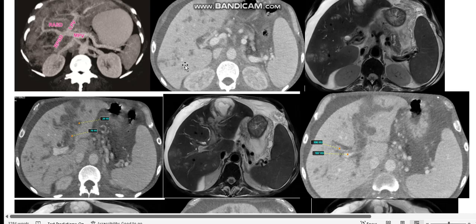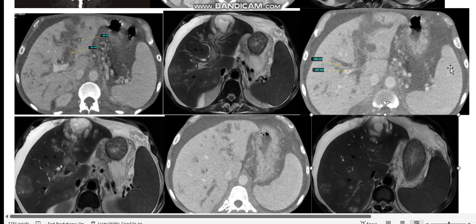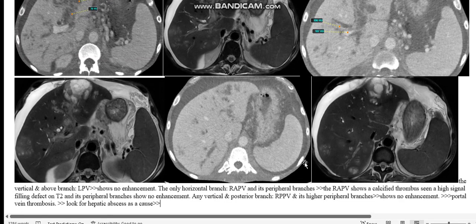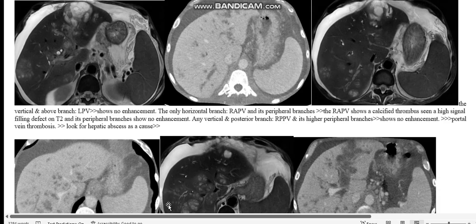Okay, so here in this case, there are multiple collections, multiple small cystic lesions or multiple small collections scattered through the liver. So we need to look for the hepatic abscess as a cause.